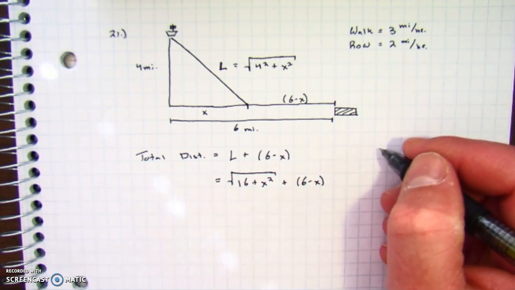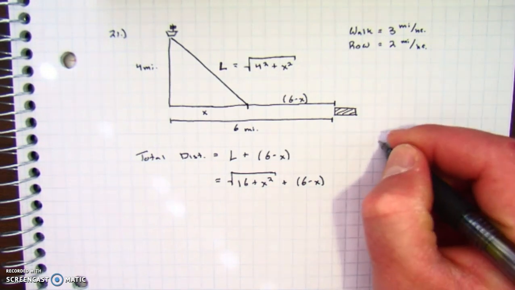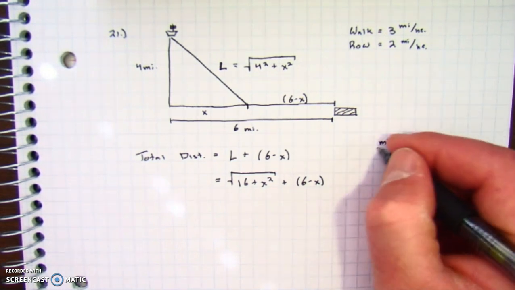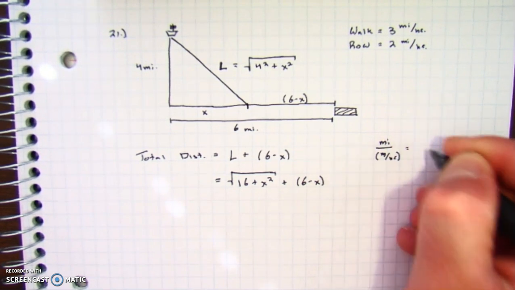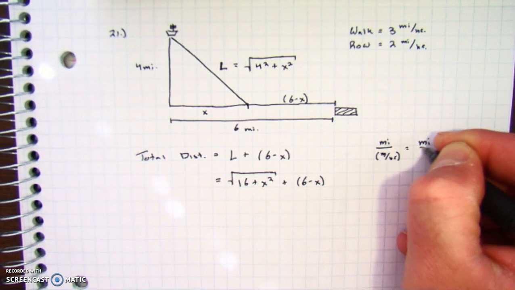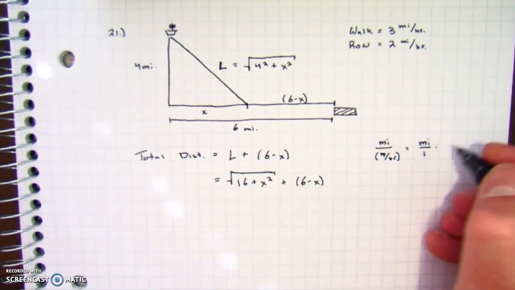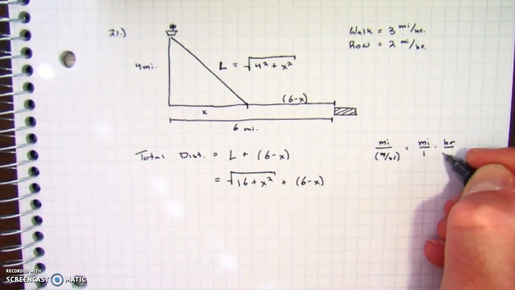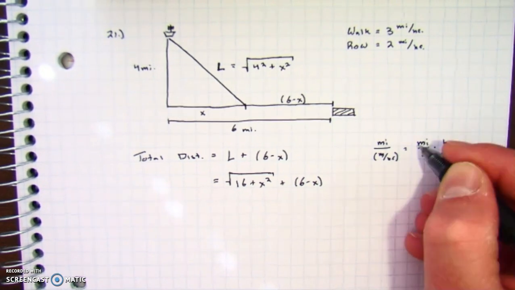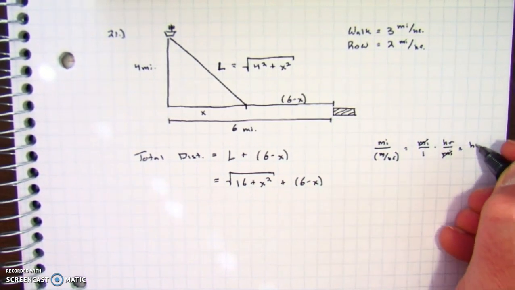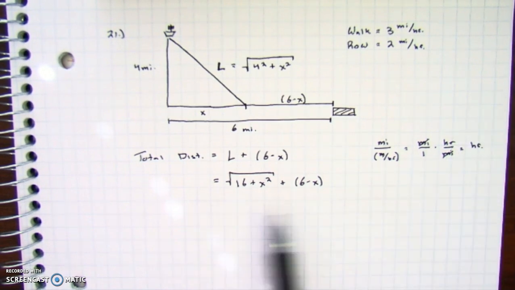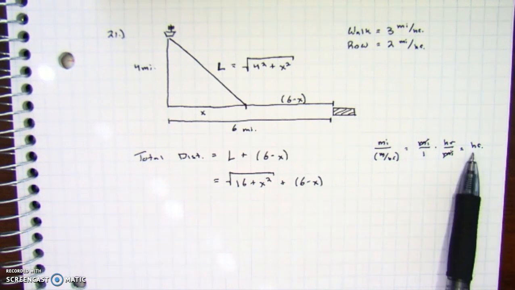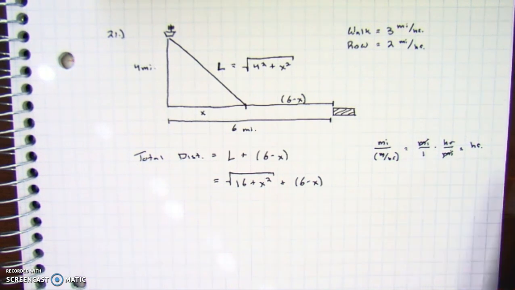Like on scratch paper, miles divided by miles per hour is miles over 1 times hours over mile. So the miles cancel out, and that gives me hours. So if I divide these distances by the rate, that's going to be this time, which is what I'm interested in.